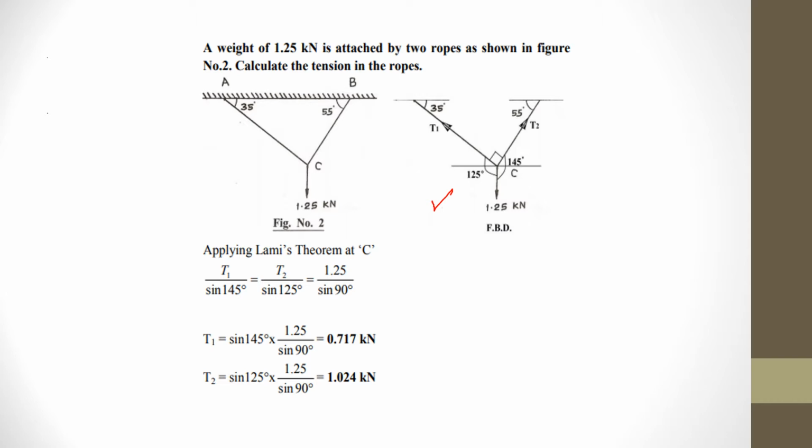So we will give these ropes as tension T1 and T2. This is T1, this is T2, and downward force as 1.25 kilonewton.